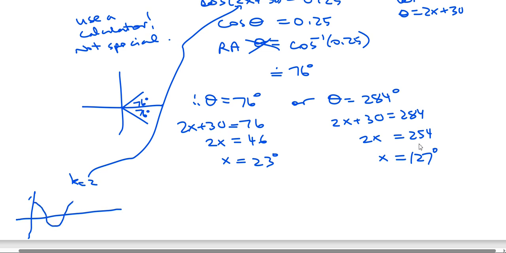So here's my cosine that goes up to 180 degrees, and then there'll be another one that goes to 360 degrees. So here we go, here's 180, here's 90. Okay, I'm just going to make these little tick marks so we see them. So my two values, the 23 degrees and the 127, one of them occurs here and the other one occurs here.